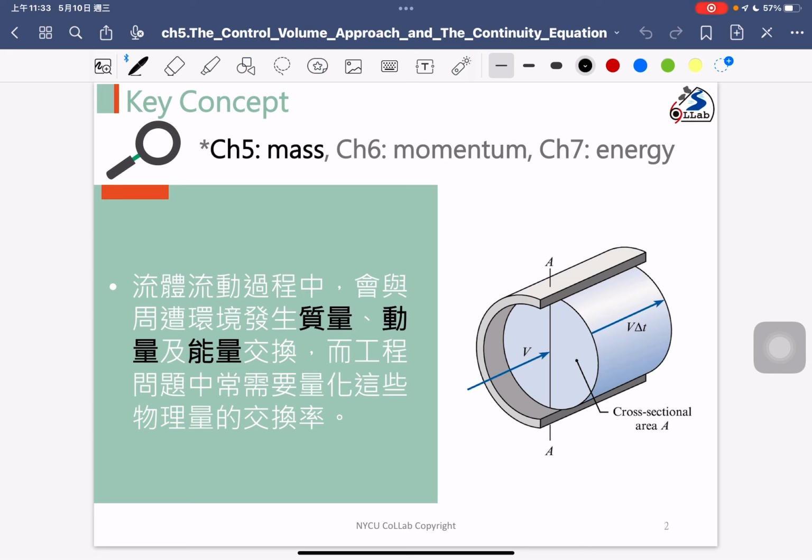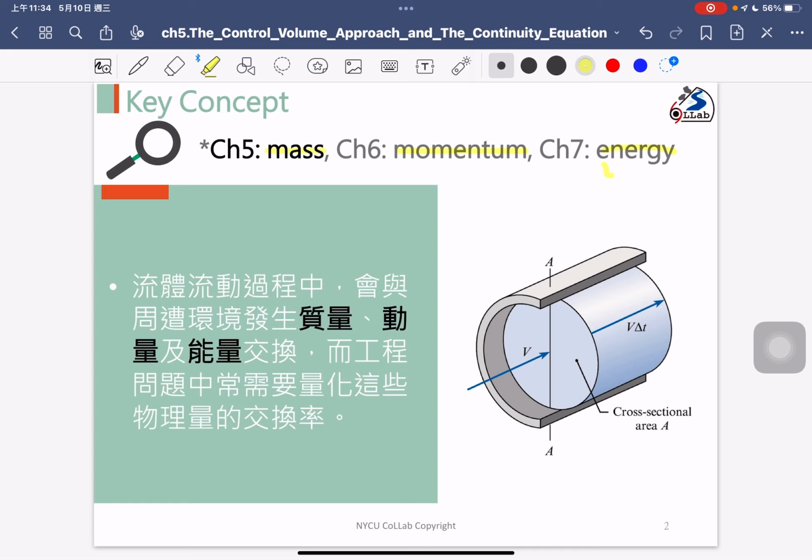The physical properties include, first, the mass, so we have mass exchange in our systems. Or we discuss momentum exchange in our systems. Or we discuss energy exchange in our systems.